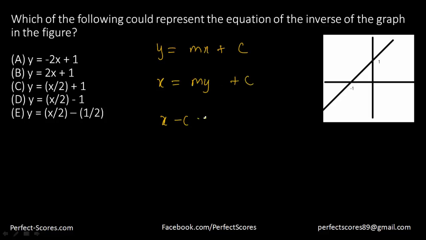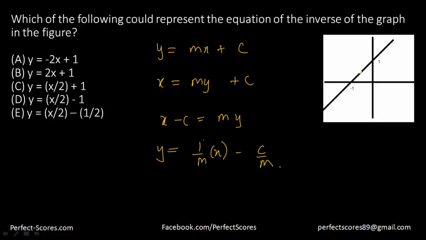That means x minus c is equal to my. That means y is equal to 1 over m into x minus c over m. Fine. So this is what happens to this function.